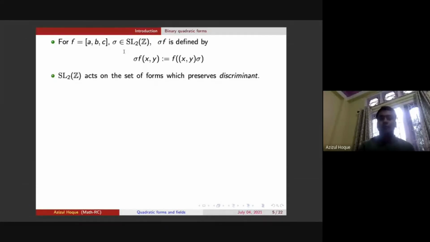So this form and these forms are equivalent to each other, and this gives us an equivalence relation on the set of binary forms.